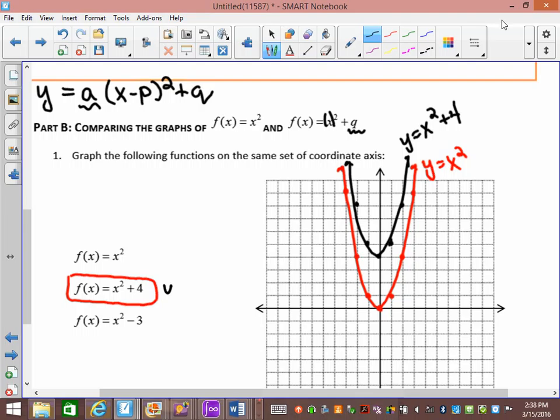So this will just move up 4. This moves down 3. The whole graph.